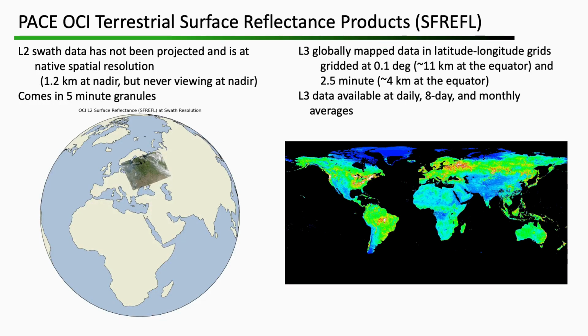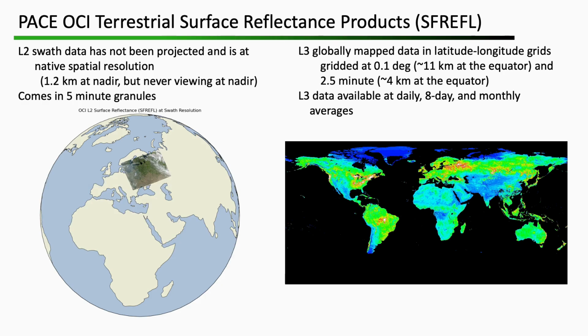The PACE ocean color instrument terrestrial products come in two levels, level 2 and level 3. On the left is level 2 data, which is swath data, not projected, at the native spatial resolution. That's 1.2 kilometers at nadir, but PACE doesn't really view at nadir.